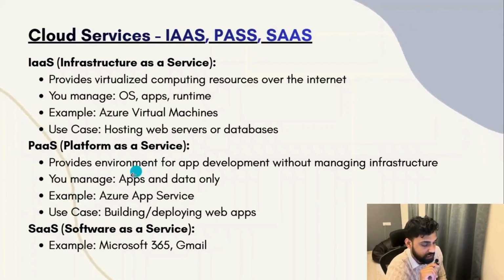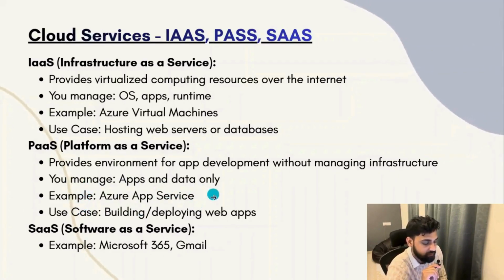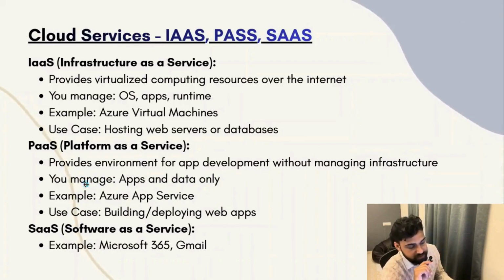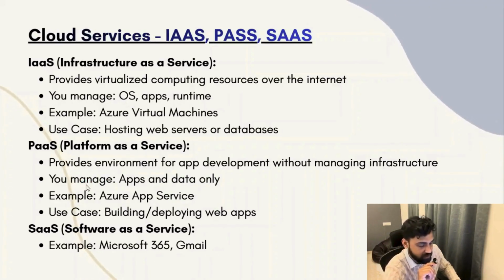For example, Azure App Service: there you can host your APIs or UI code directly without even knowing whether the app service is operating on Windows or Linux. You just go to the app service, buy it, and deploy your code to it.